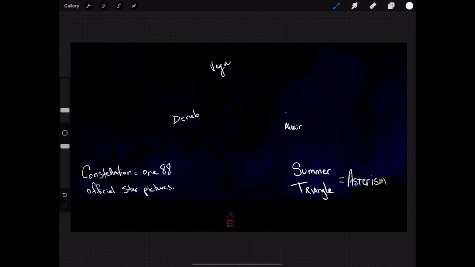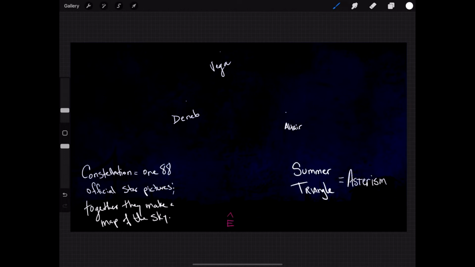And together, they make up a map of the sky. Okay? So together, the 88 constellations make up a map of the sky.